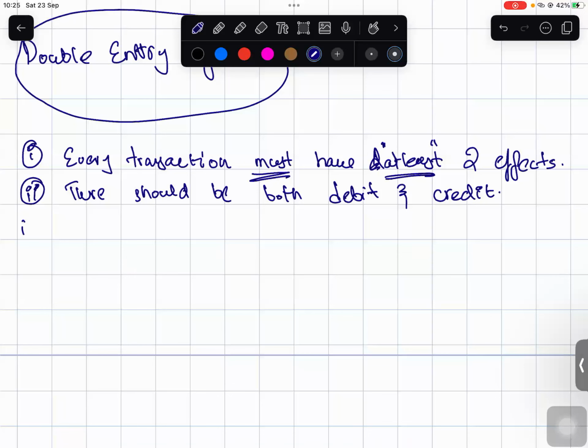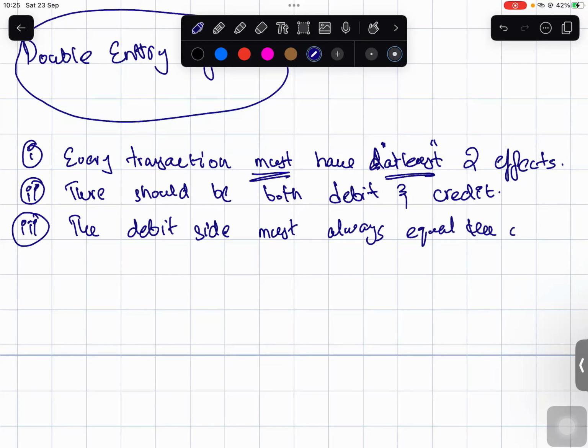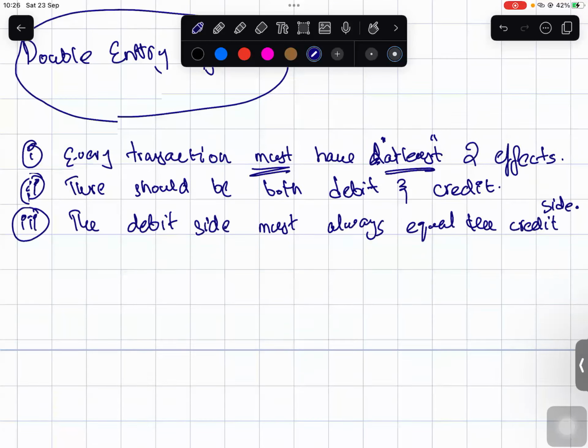This is the second part, and another very, very important thing is that the debit side must always equal the credit side. So these are the 3 main components of the double entry system.